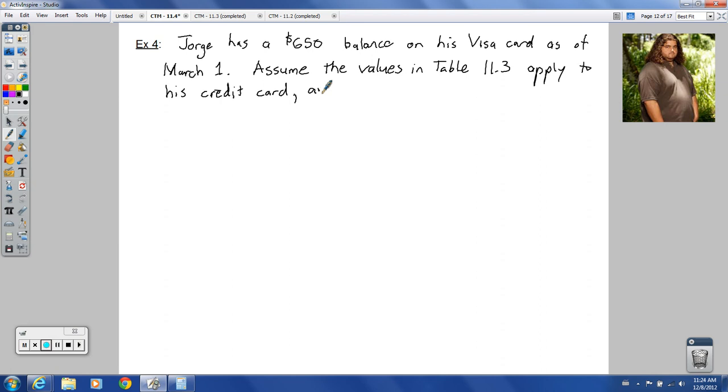And assume the bank requires repayment within 36 months.